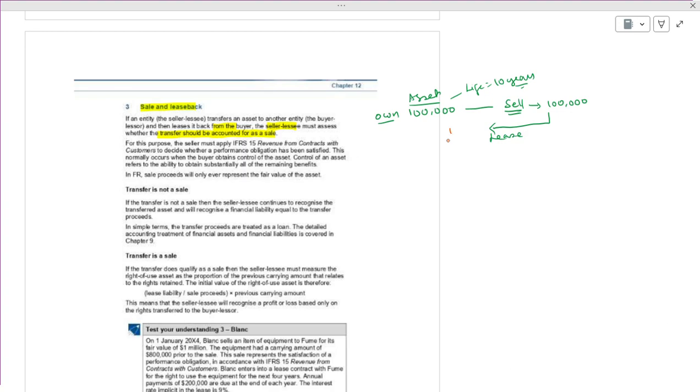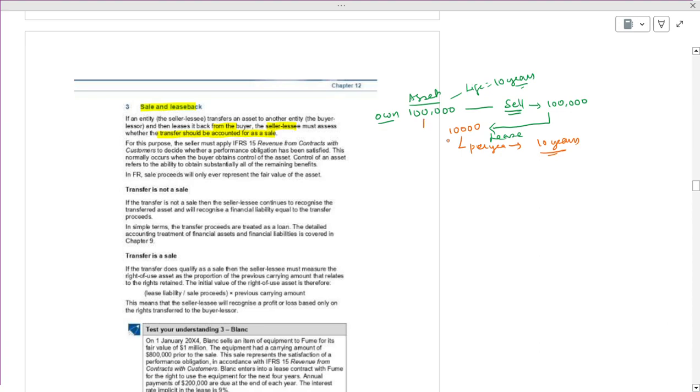But you will give lease payments of 10,000 per year. Say you are taking the lease for 10 years.